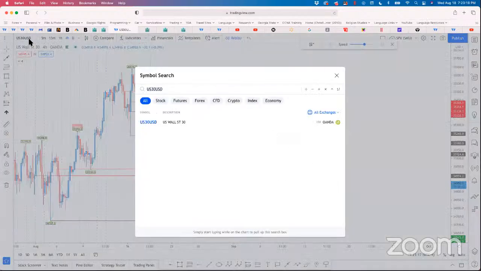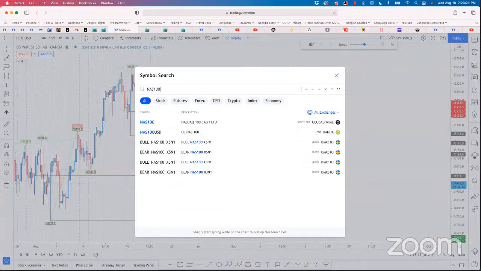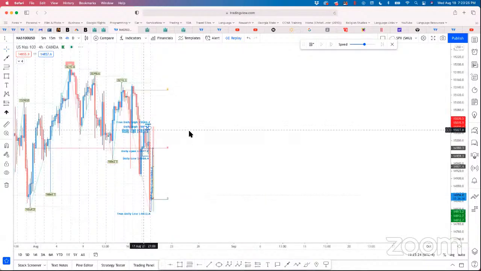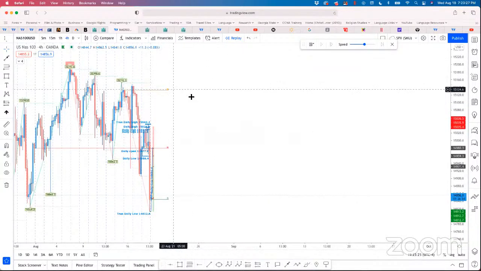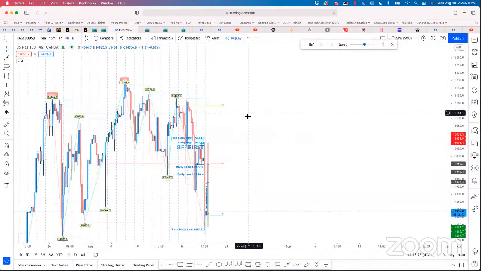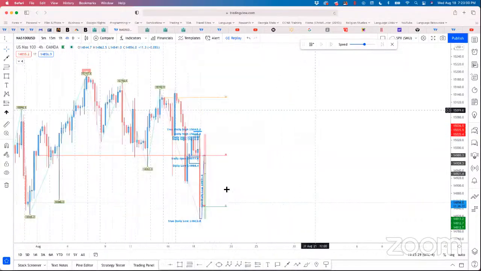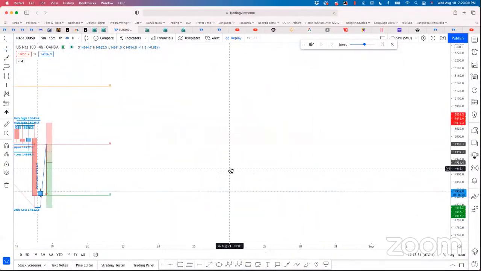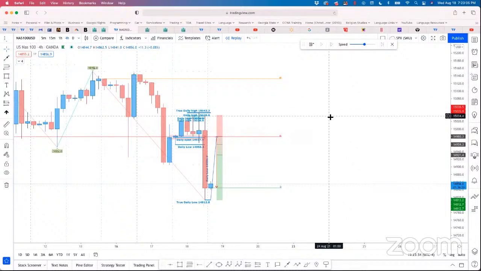The buy was here, the stop loss was around here.